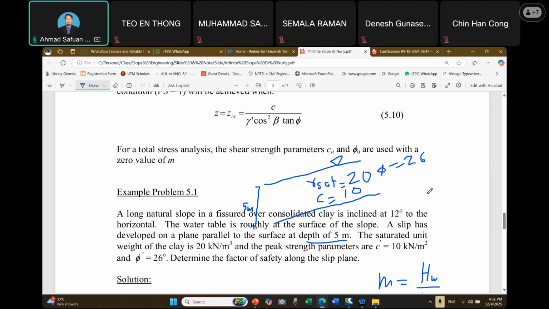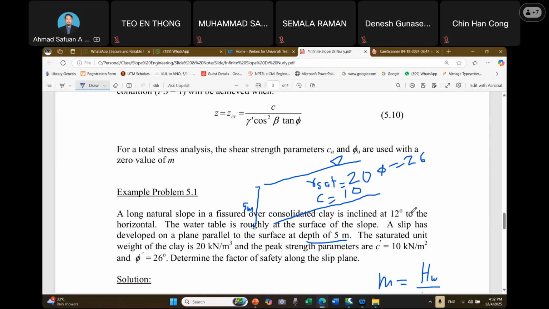But for this case, the question has already stated that it is 5 meter slip surface thickness. As far as I know, we need to look at the site, because we cannot estimate where the location of the slip surface is.